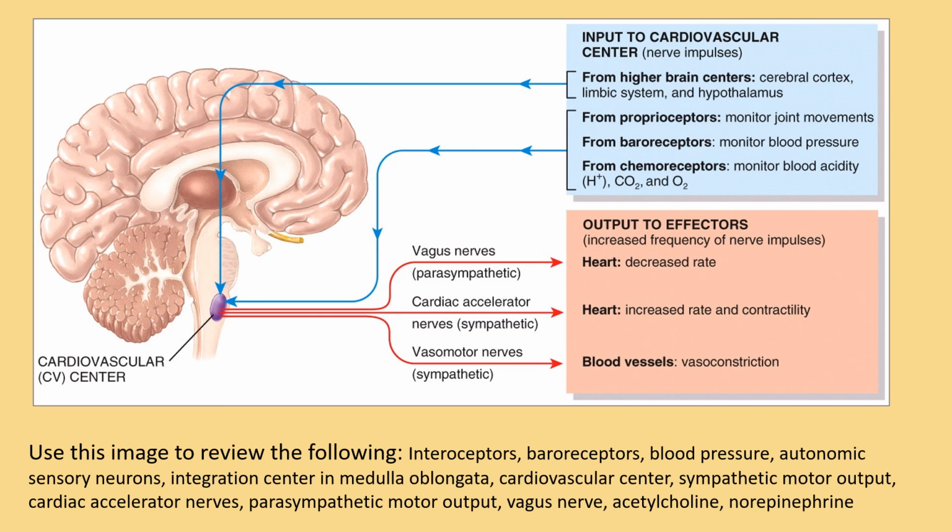In the case of an increase in sympathetic stimulation, that's transmitted to the heart by motor neurons that are part of the cardiac accelerator nerve. And in response to an increase in sympathetic stimulation, norepinephrine will be secreted by the postganglionic motor neuron onto the heart muscle itself, and that causes the heart to increase the rate of contraction, so heartbeat speeds up.